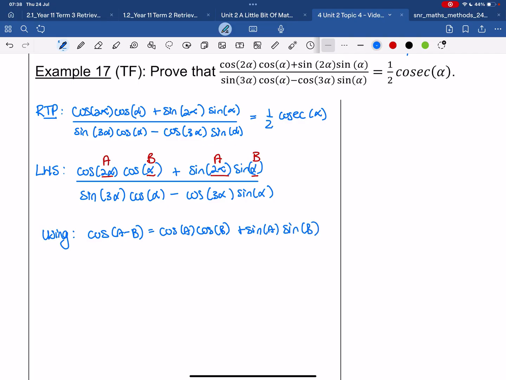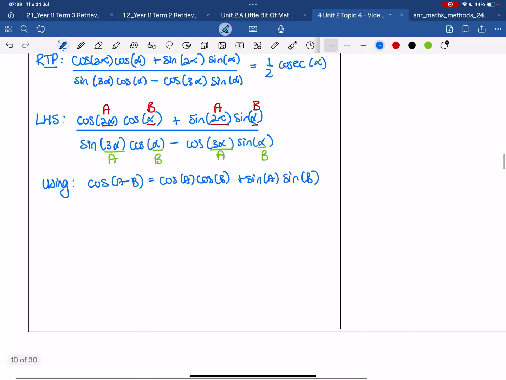Let's have a look at our denominator. So here I have sine of A and another cos of A. So I've got an A there and an A there. And I've got a B there and a B there. So I've got sine of A cos of B minus cos of A sine of B. So I go to my formula sheet and I notice that sine of A minus B is sine of A cos B minus cos of A sine of B. So I'm going to say I'm using that as well.